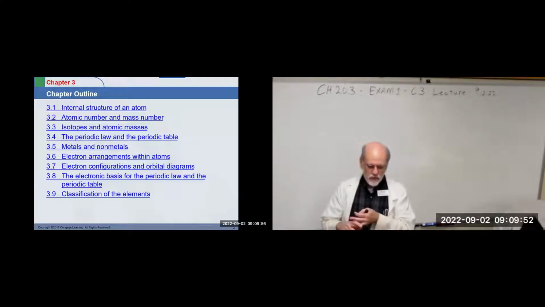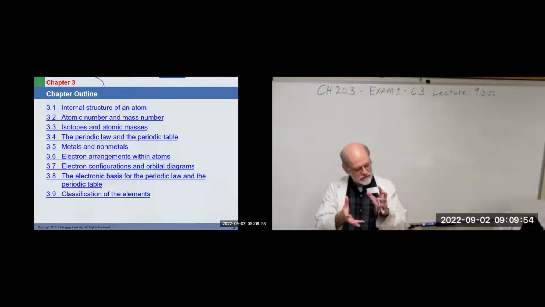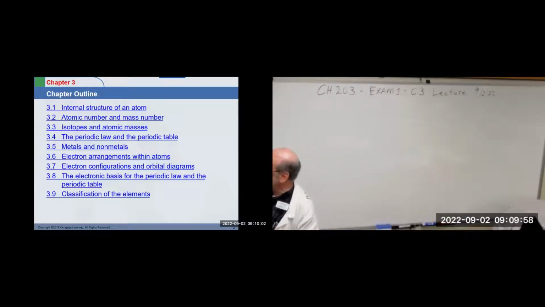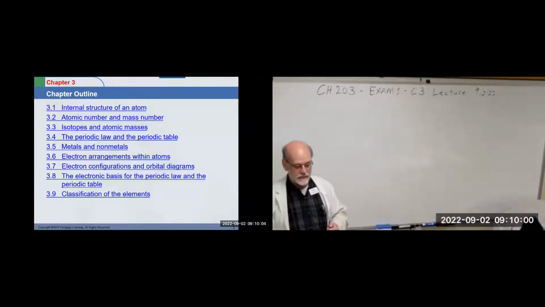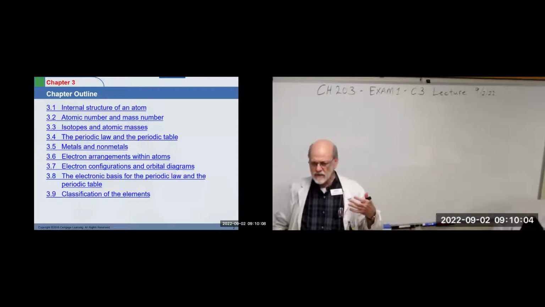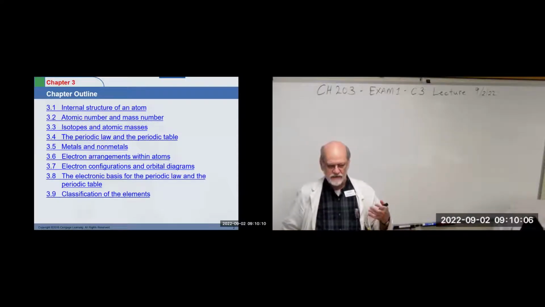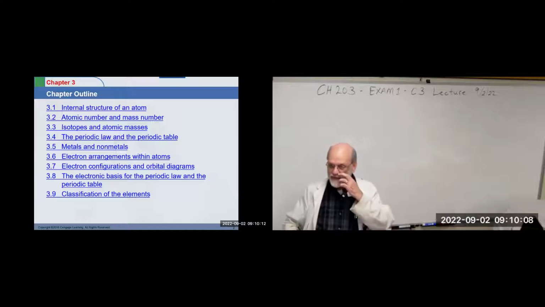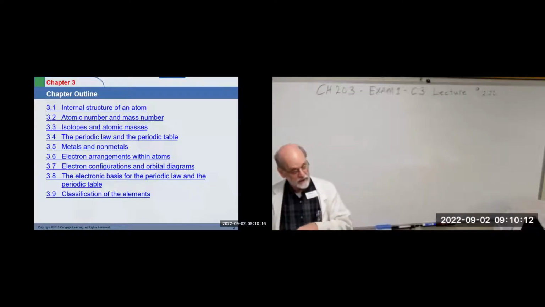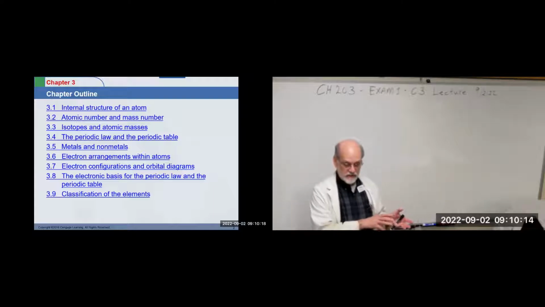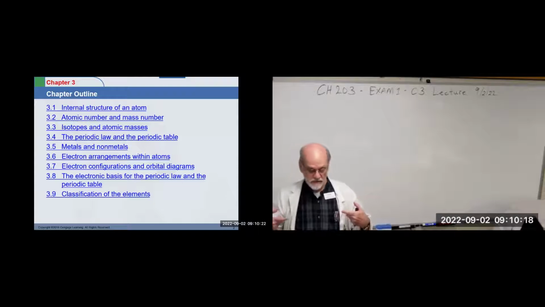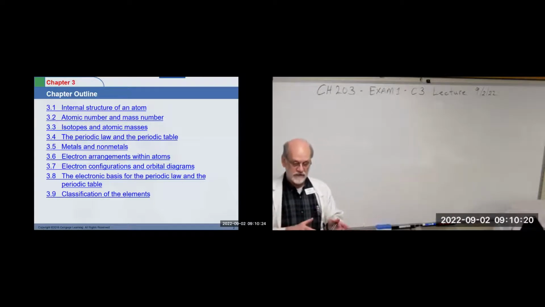And once we know these things about the atoms, even down to the electronic configurations of the atoms, then it starts to become clearer why certain elements react and some don't, or why they react in a certain way. Like some of them will make ionic compounds, some of them will make covalent compounds. And once you know the electronic structure, it makes more sense why they prefer that method versus the other.